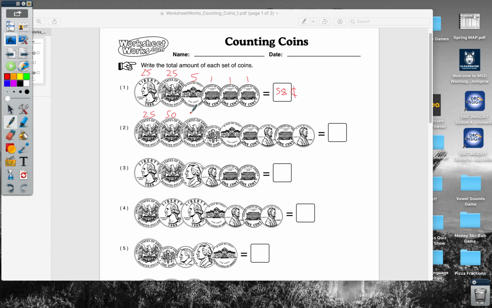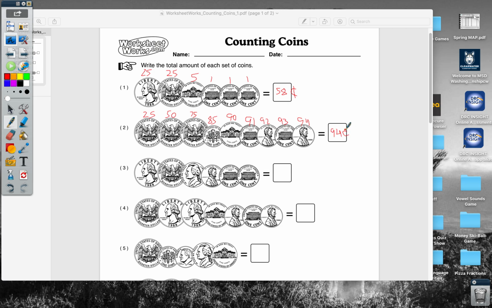So 25, 50, 3 quarters makes 75. And like we did the other day, practicing counting by 10. So we're at 75. That's going to get us to 85. 5 more is going to get us to 90, 91, 92, 93, 94. So we're getting that 94 cents.